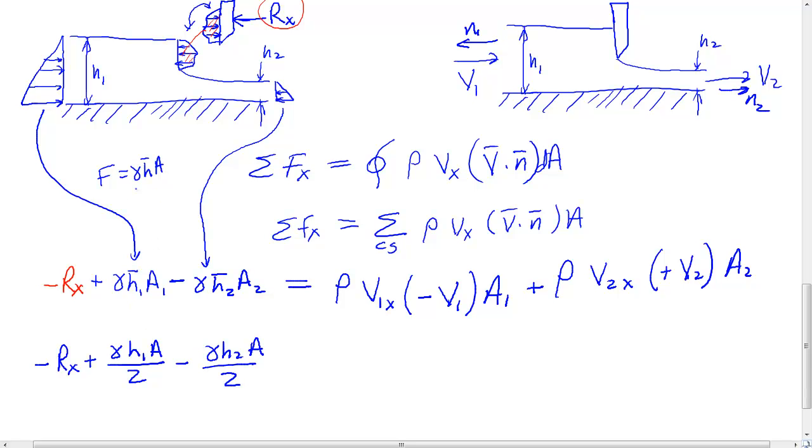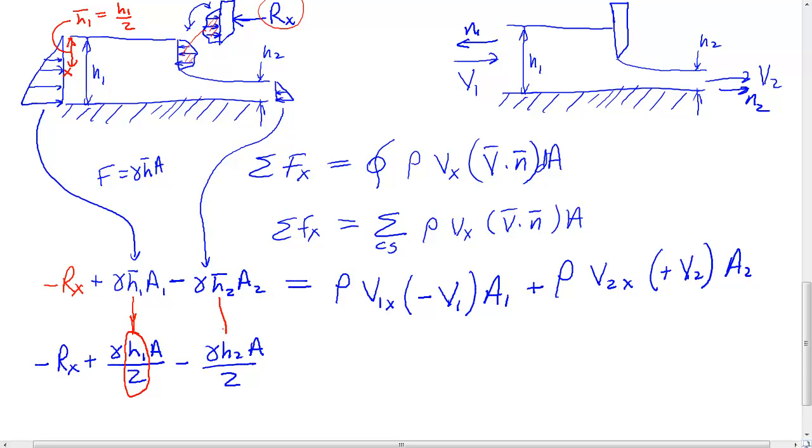Why did this come about? Well, here's why. Here is H1 bar. It's equal to H1 over 2. And the same thing down here. So this term is in fact that.